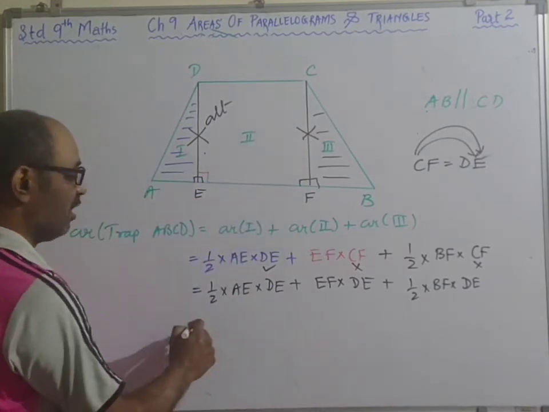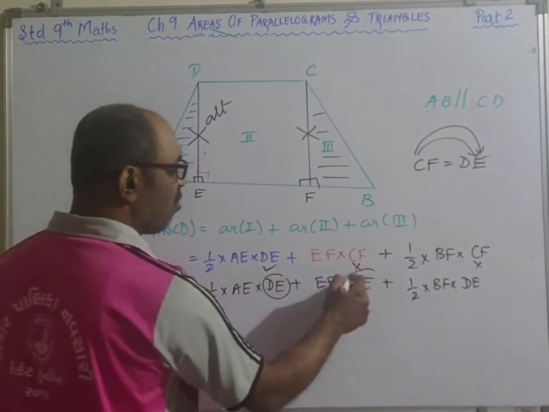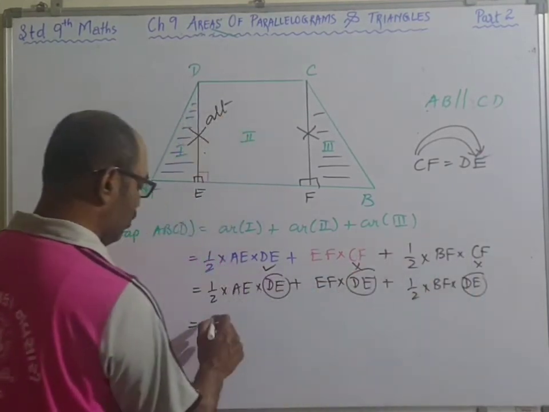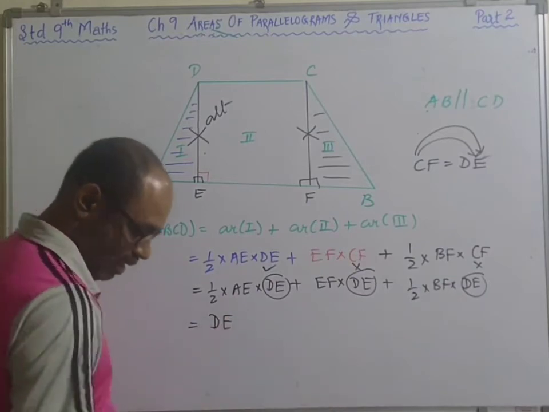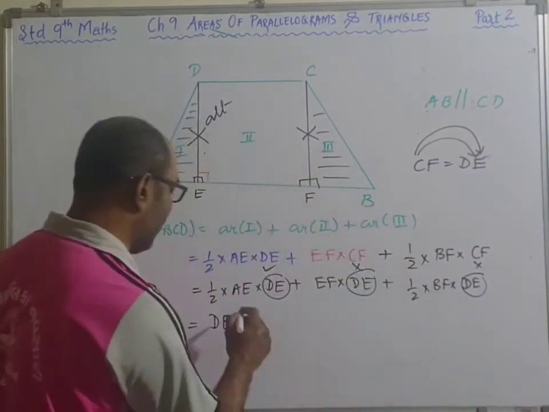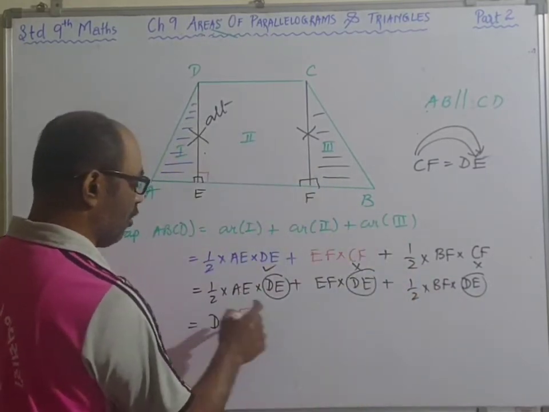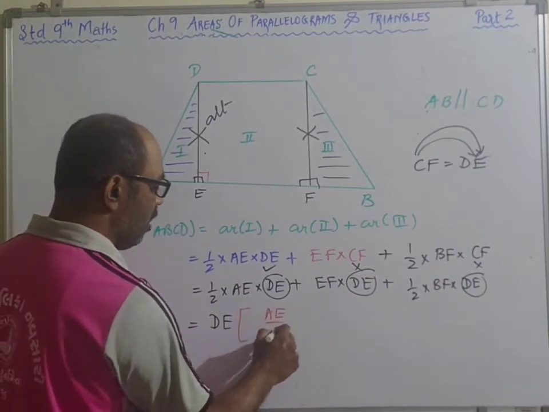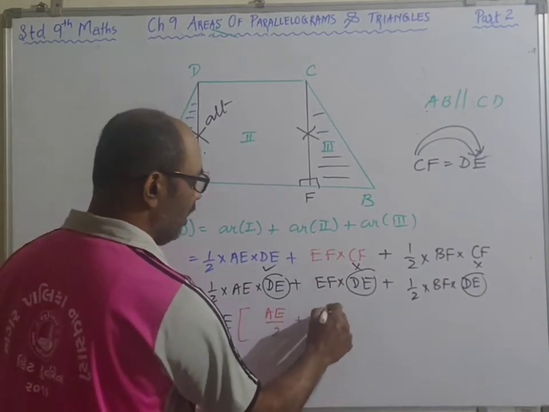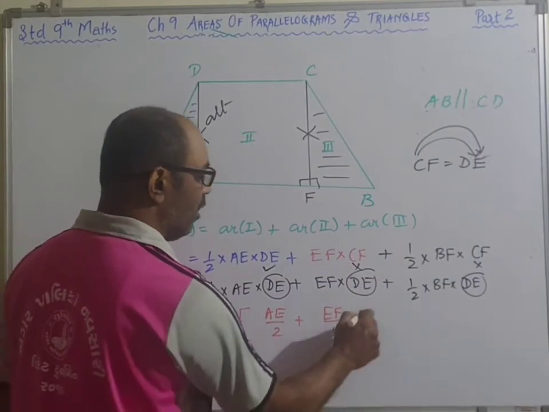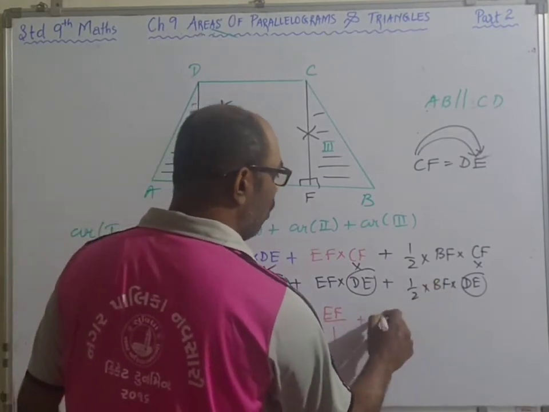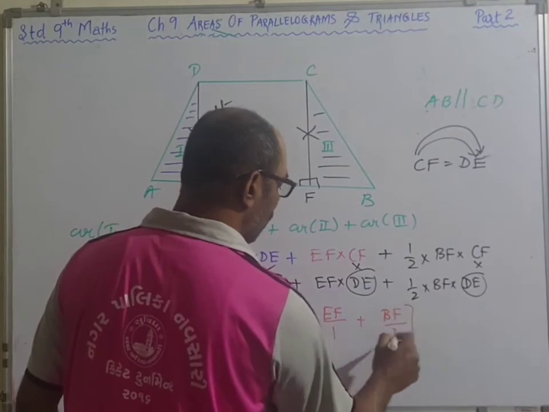Anyway, now children, DE is common in all three terms. So take DE common and carefully write in the bracket, AE upon 2 plus only EF, नीचे कुछ नहीं है, so 1 plus BF upon 2.